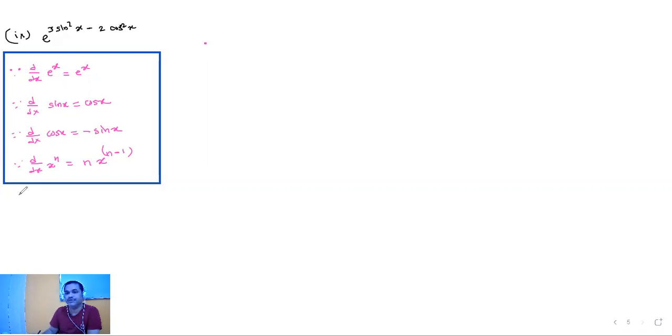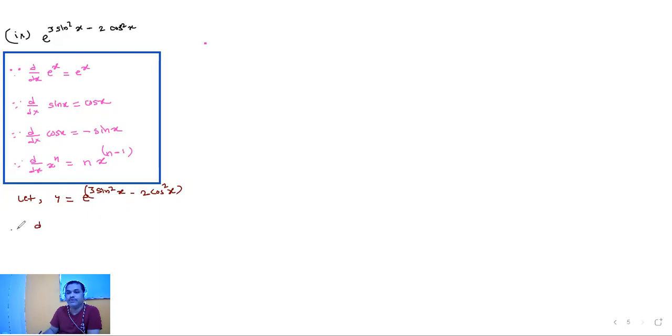So always our first step that we write is let y be equal to e raised to 3 sine square x minus 2 cos square x. Cos square x is different now.